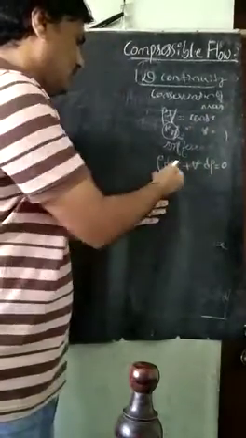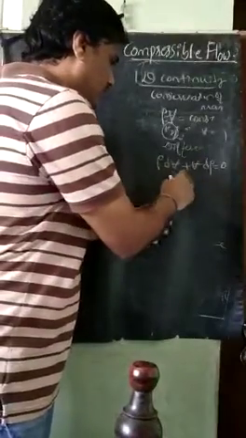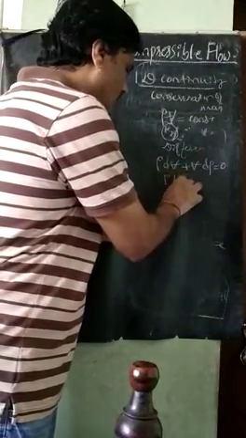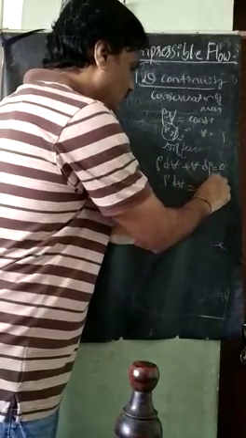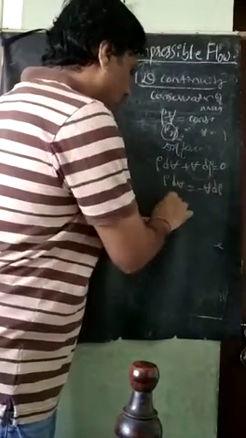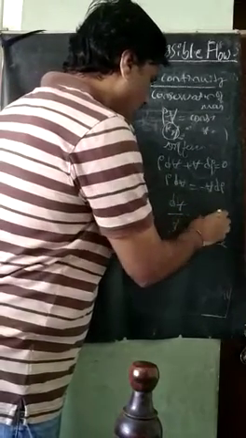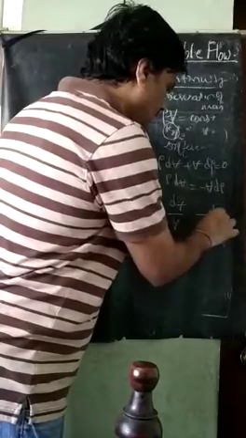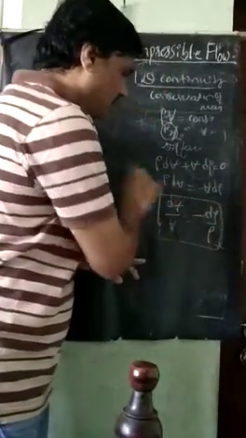Therefore I will write this term in another form. Rho into dV, taking this term to that side, is equal to minus V into d rho. So dV divided by V is equal to minus d rho divided by rho. This is the equation we are getting here now.